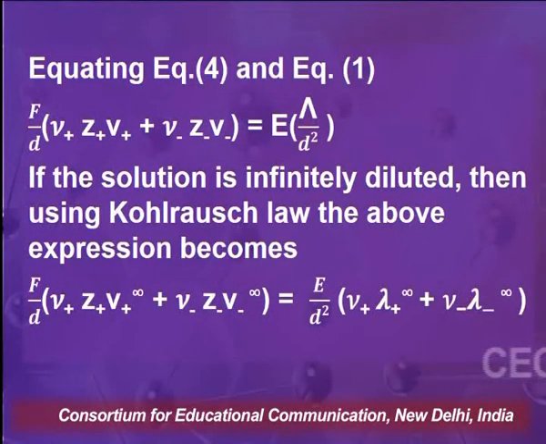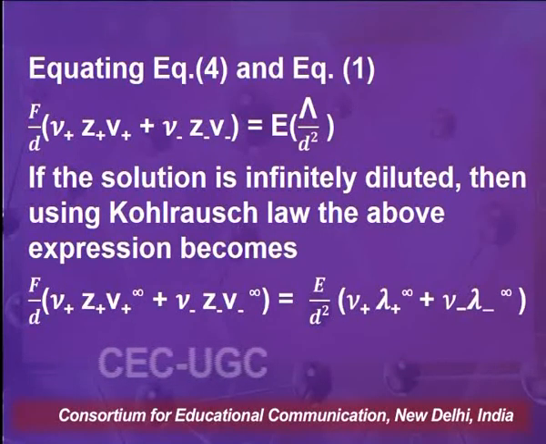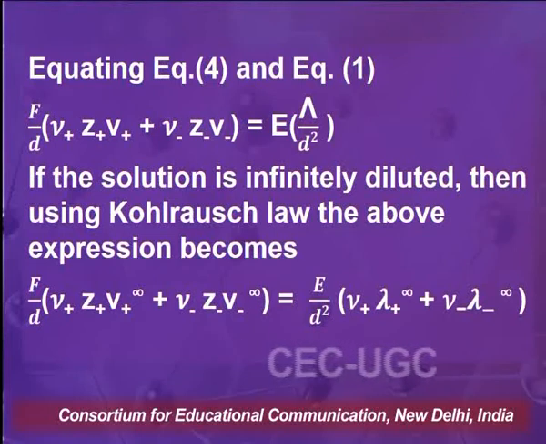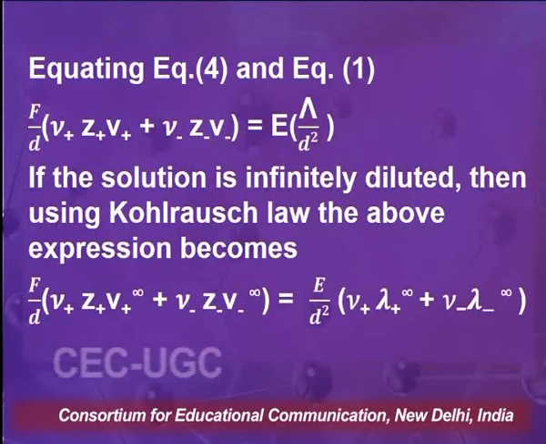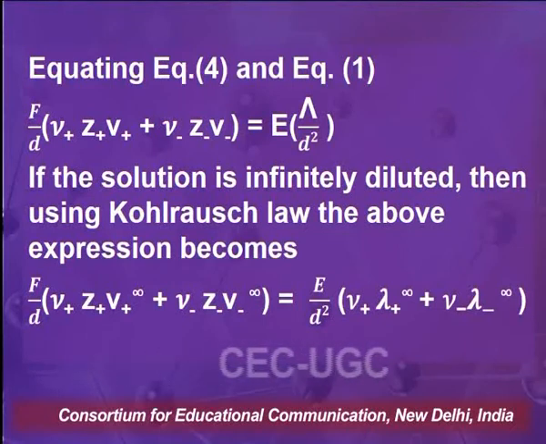We can equate equation number 4 and equation number 1 to get F by d, nu+ z+ v+ plus nu- z- v-, is equal to E into lambda by d squared.